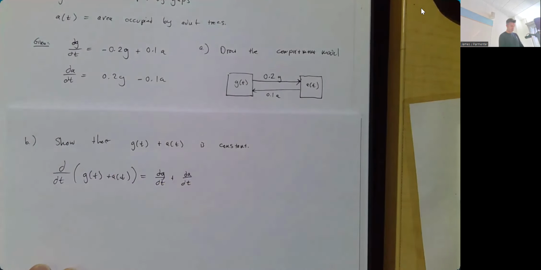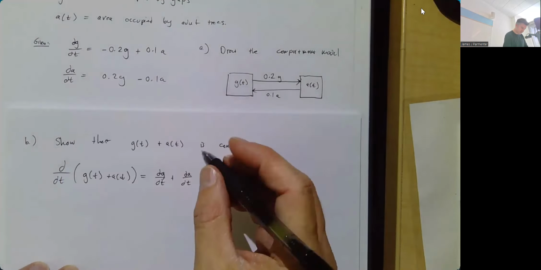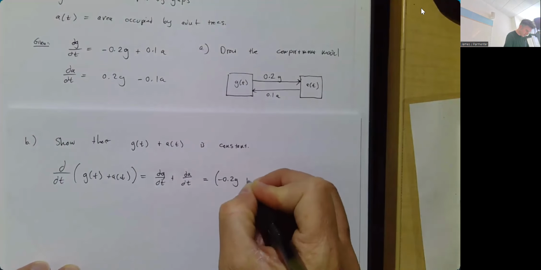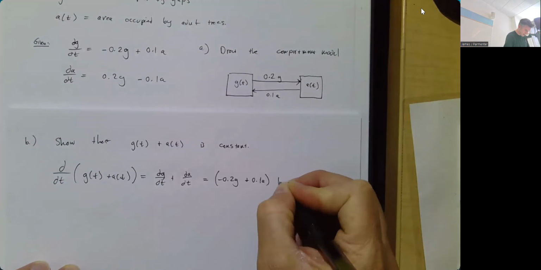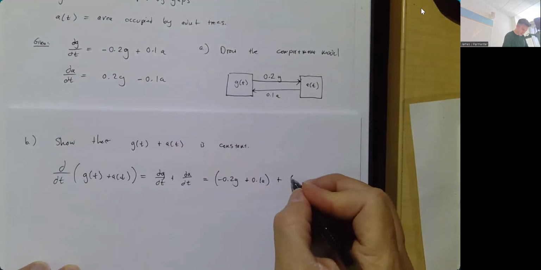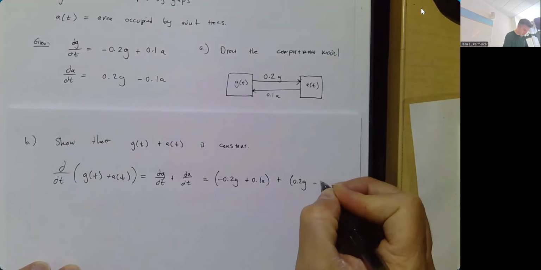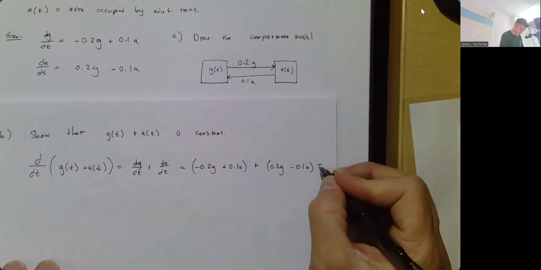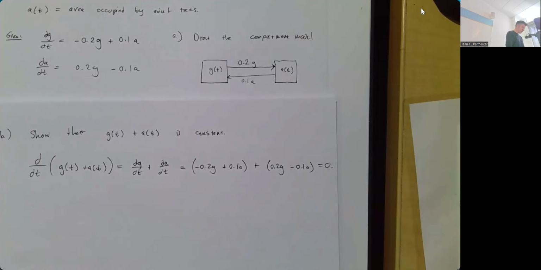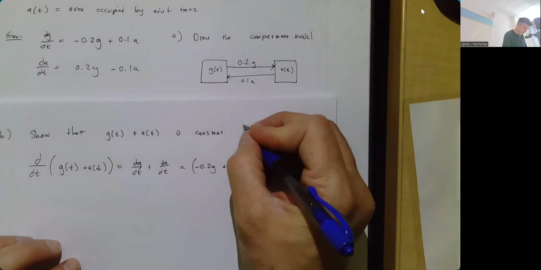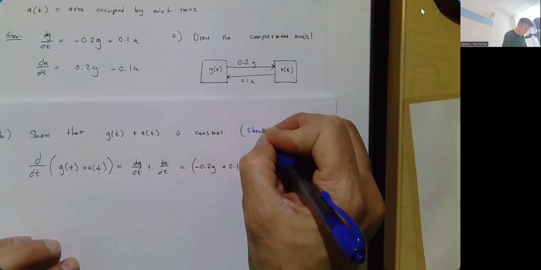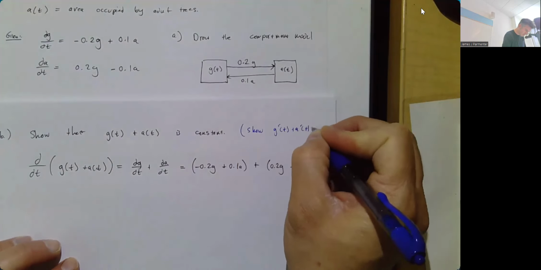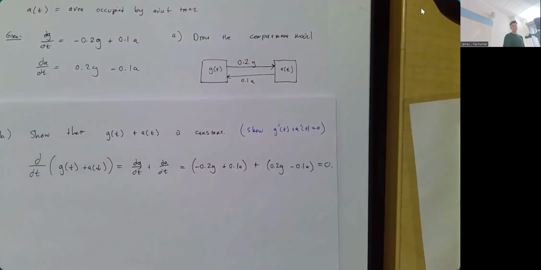But look, dG/dt is equal to negative 0.2 G plus 0.1 A, and dA/dt is equal to 0.2 G minus 0.1 A. And if we add those together, we're definitely going to get 0. So to show something's constant, all we had to show was that G prime plus A prime was equal to 0, which it definitely was.